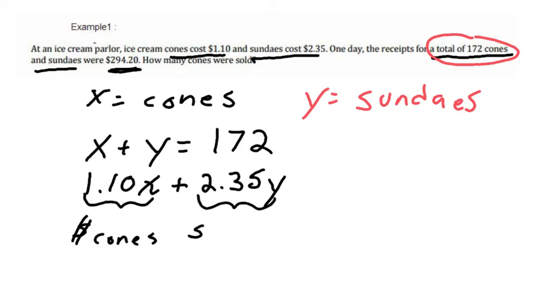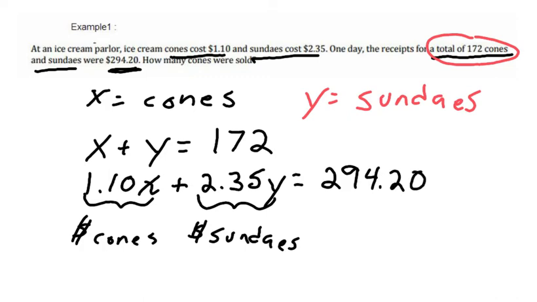And $2.35 times Y is my money from sundaes. And that's going to equal $294.20. Huh. Total money.